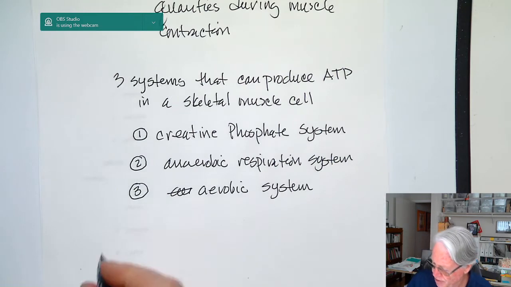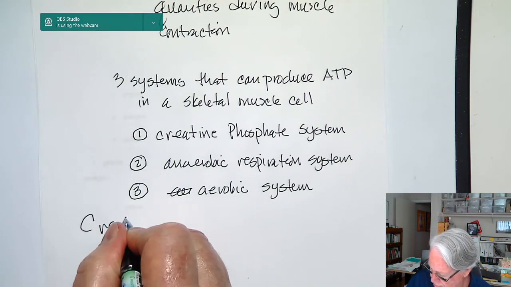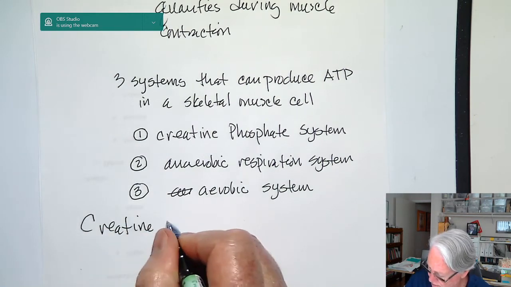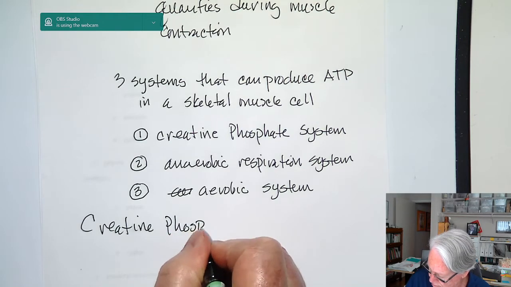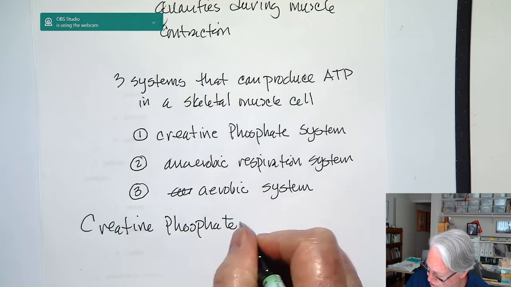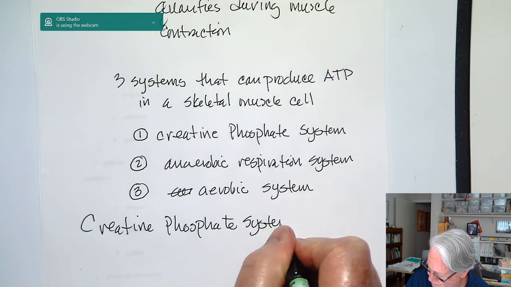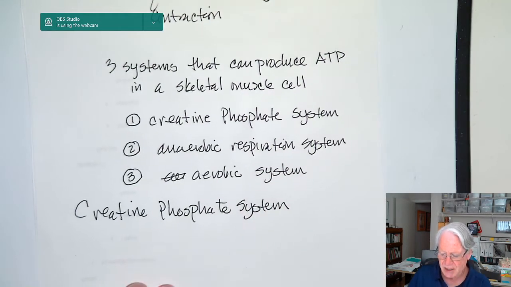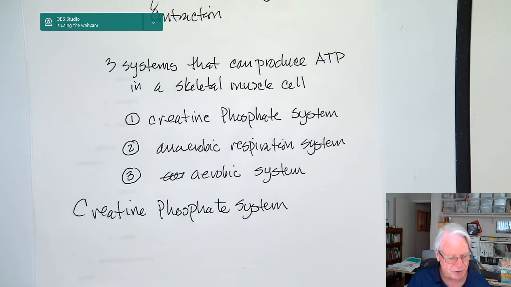So we'll start with the creatine phosphate system. And what we're going to do is create a molecule, creatine phosphate, which is going to store phosphate and can donate it back to ADP.